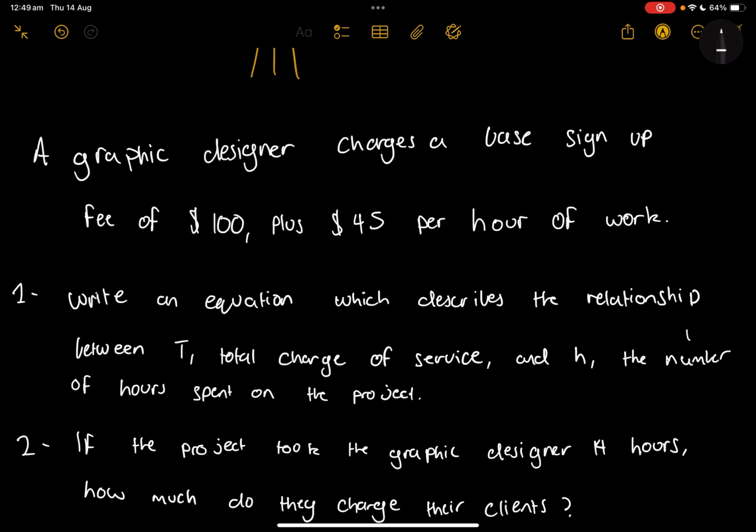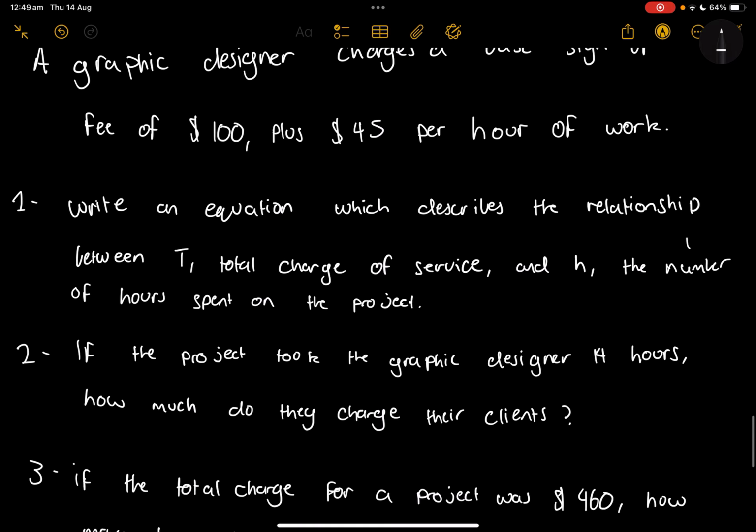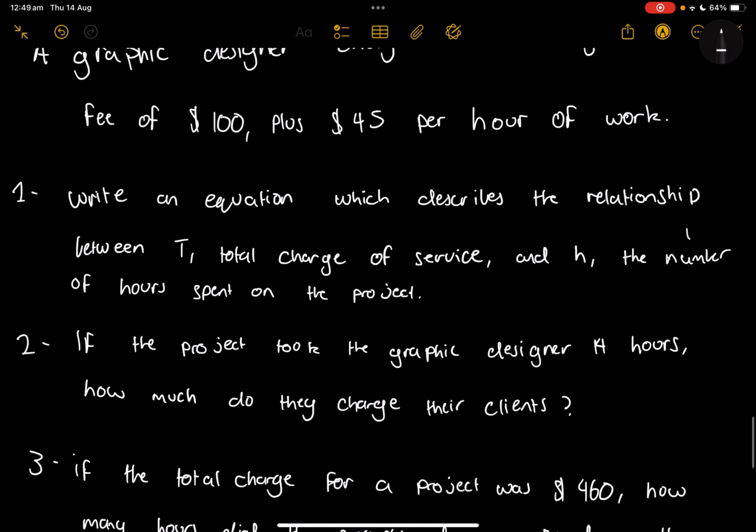Going back to question 1, you'll realize this is very similar to the last question. And so I'll give you 30 seconds to just try and think of what the answer would be.